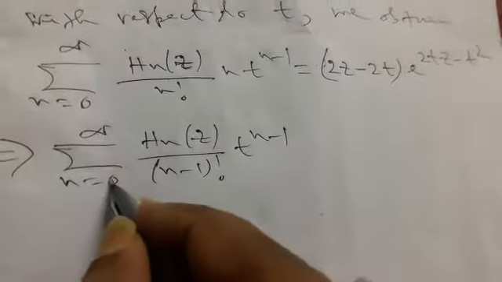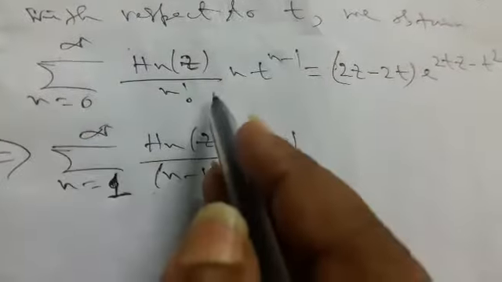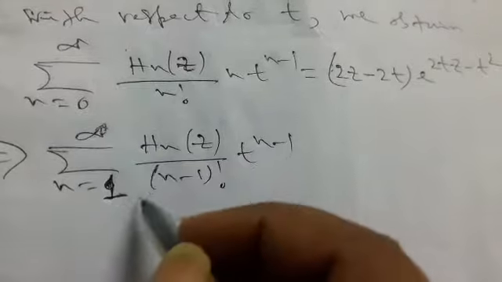And here we consider the sum from 1 to infinity, because the term for n equals 0 will vanish. For n equals 0 it is not defined because minus 1 factorial is undefined. So it will be 1 to infinity.